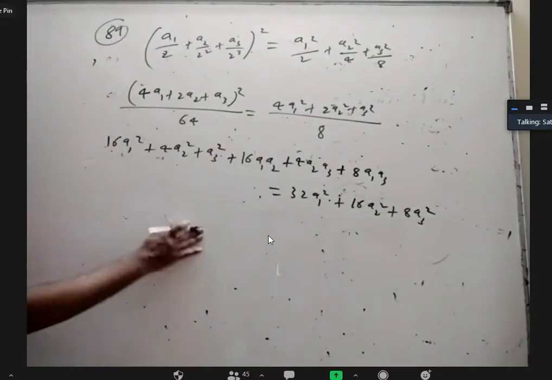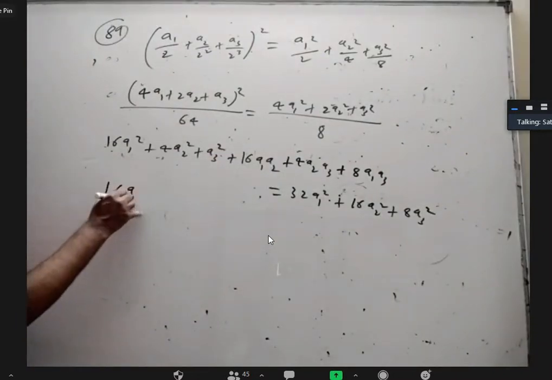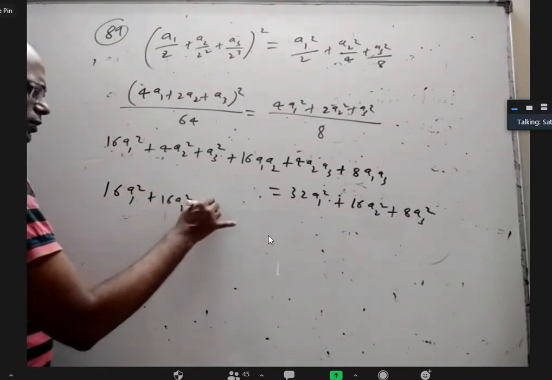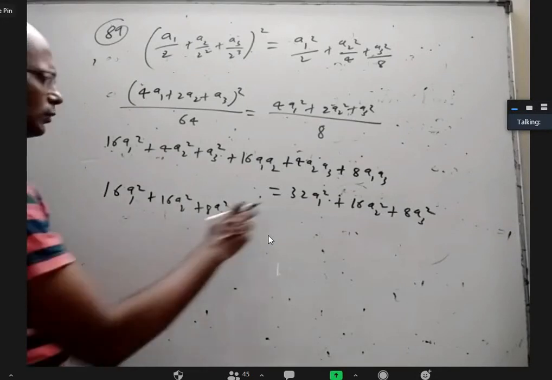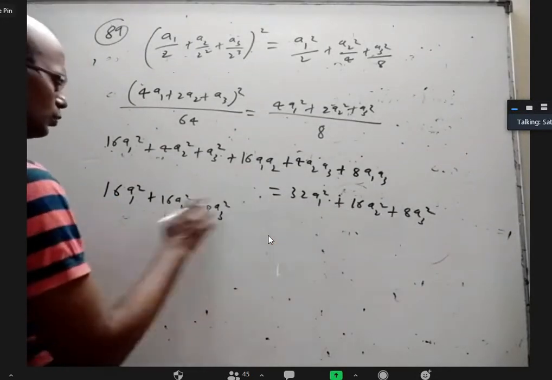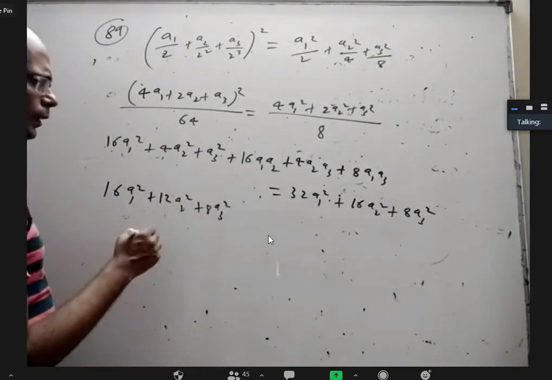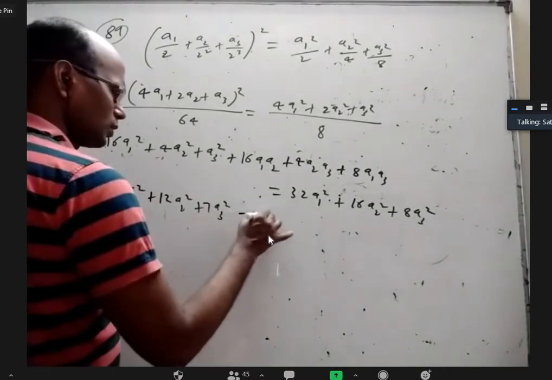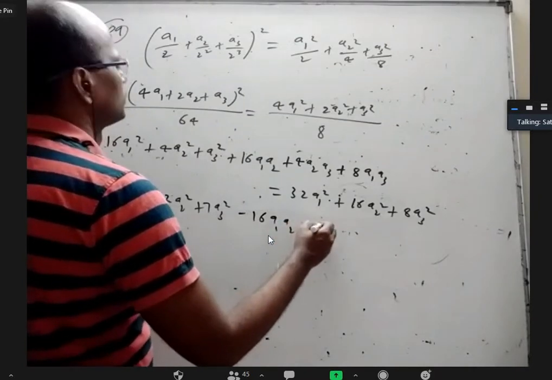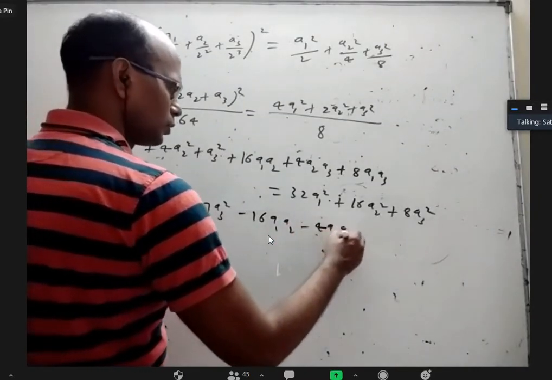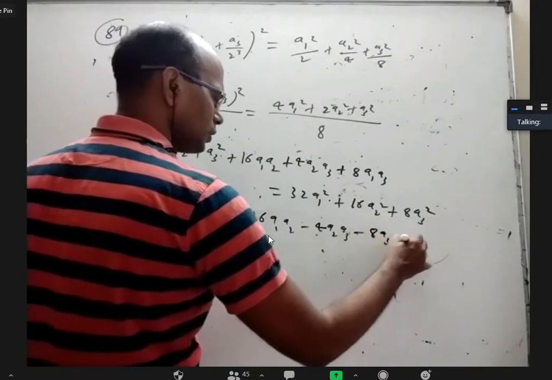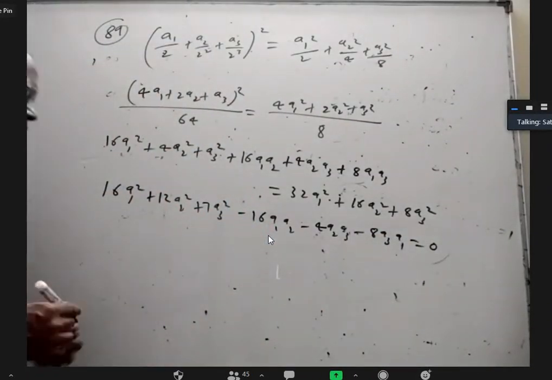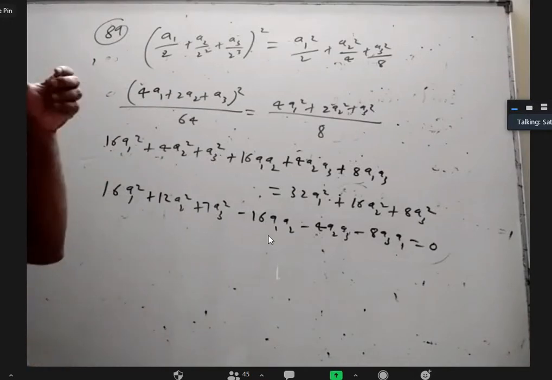And everything to the other side, I have 16 a1 square plus 16 a2 square plus 8 a3 square, minus 16 a1 a2 minus 4 a2 a3 minus 8 a3 a1 equal to 0.